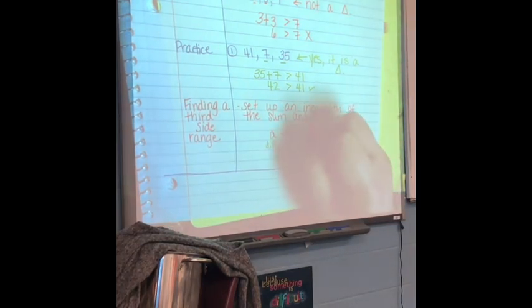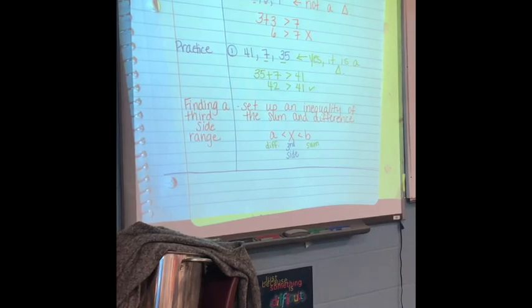And b is going to represent the sum of the two sides. Got it? Okay.